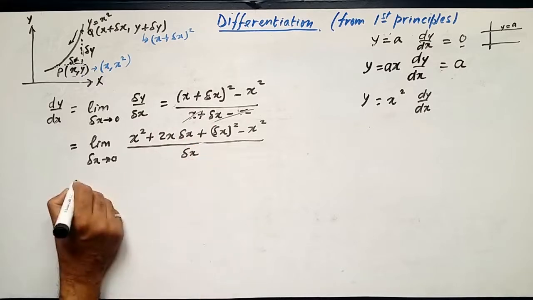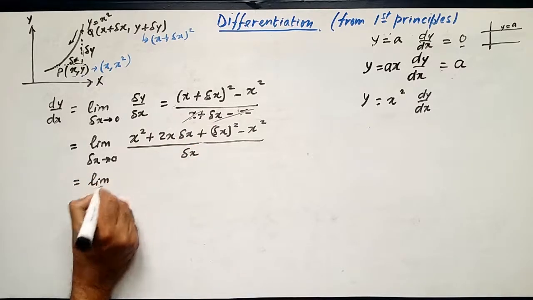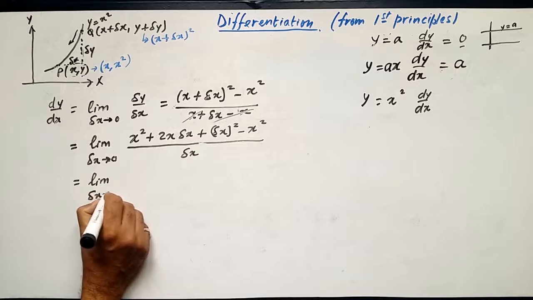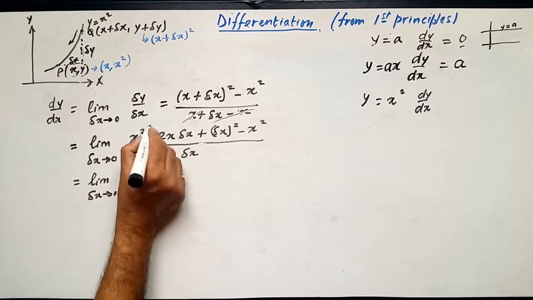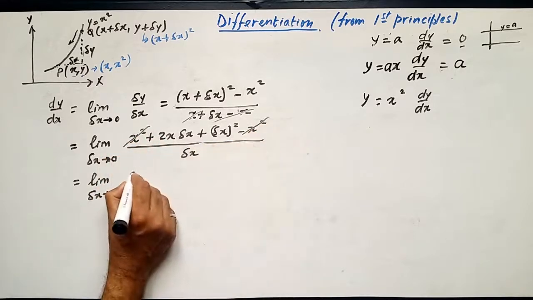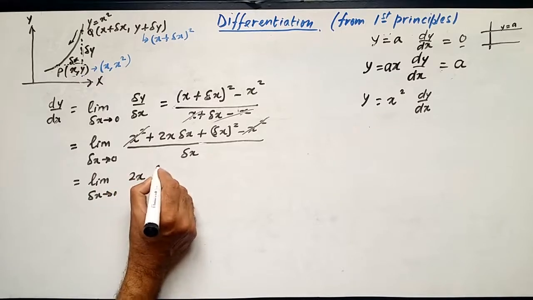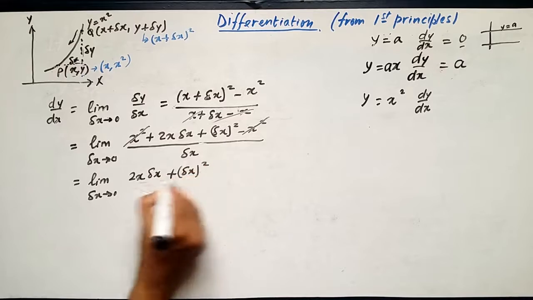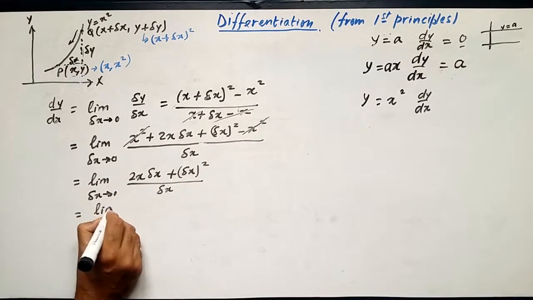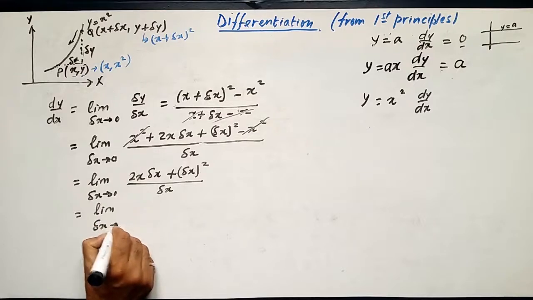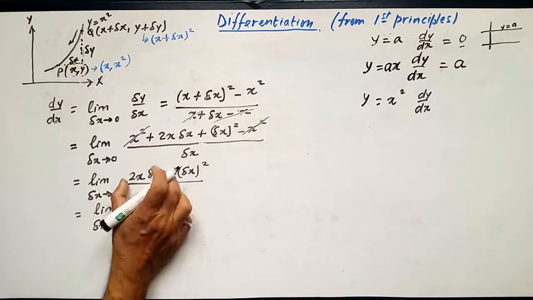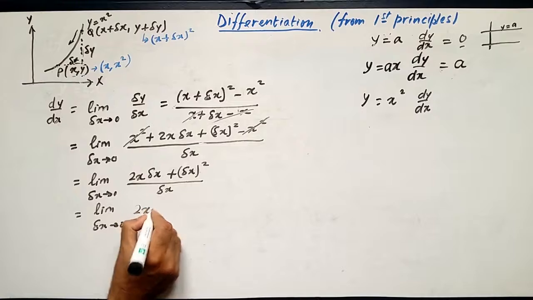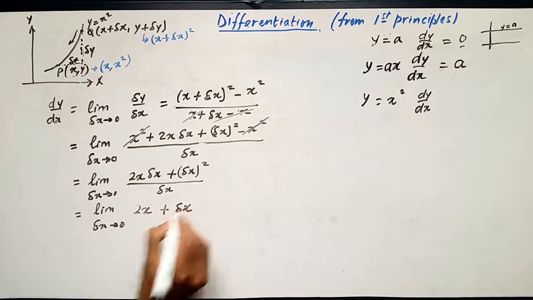So we are left with the limit as delta x tends to 0 of 2x delta x plus delta x whole squared upon delta x, which is equal to the limit as delta x tends to 0 of 2x plus delta x.